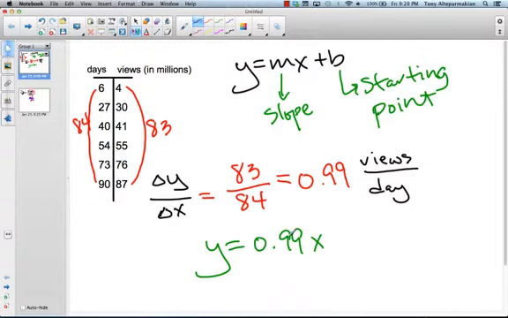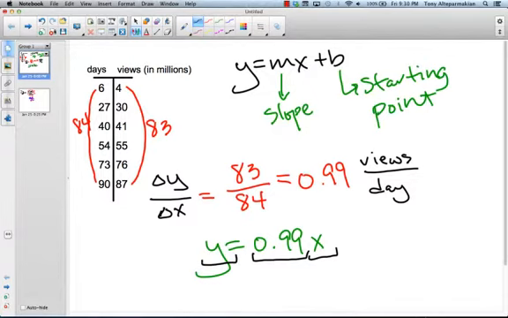So what we've got, in essence, is a speed multiplied by a time, and that is going to give us the y value, which is the number of views. So the speed of views per day times the time, or the days, is going to give us what y is, which is views.